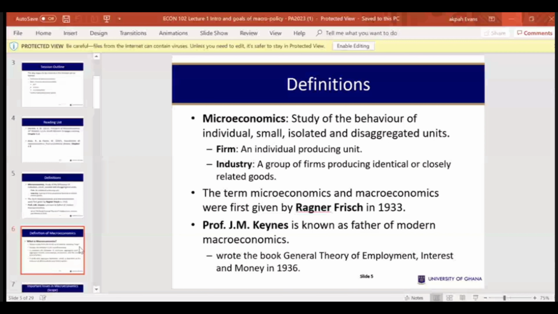It is the behavior of economic aggregates such as income, consumption, investment, and the overall level of prices. When we talk about the overall level of prices, we are referring to inflation. We have a stable inflation rate or a skyrocketing inflation rate, like we had in 2022, where our inflation was about 50%.